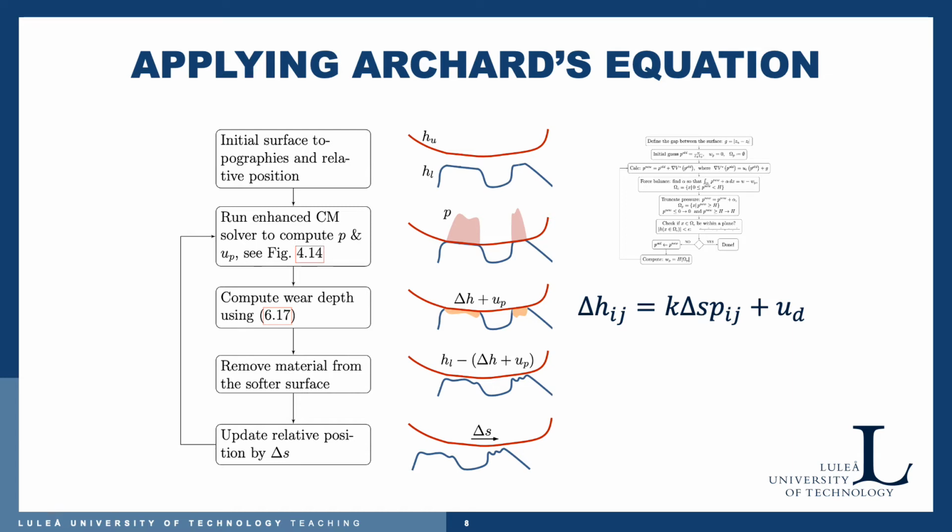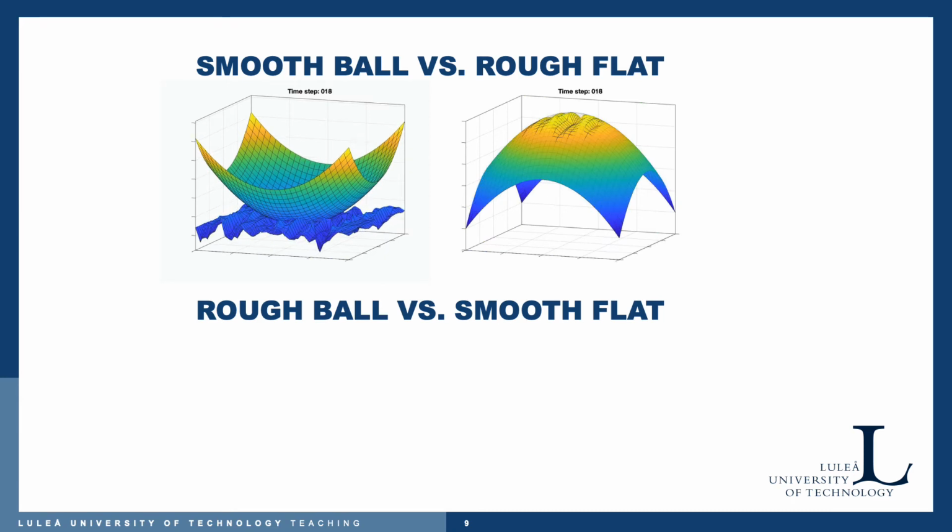And then we update the system by moving the surfaces relative to each other. So one time increment results in one length increment, or change in length like this. Okay, and therefore we end up precisely as what we had before here.